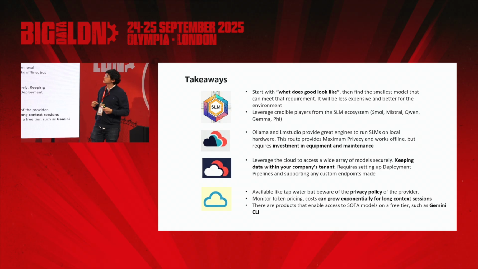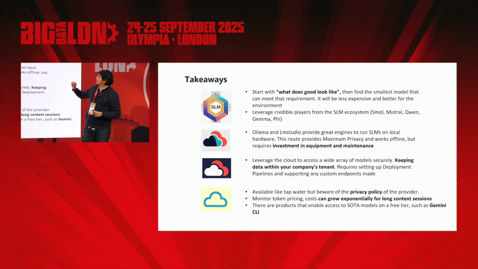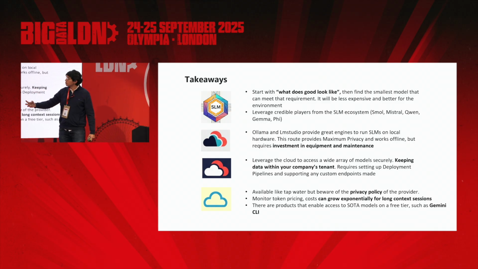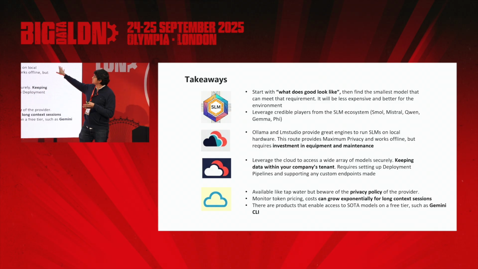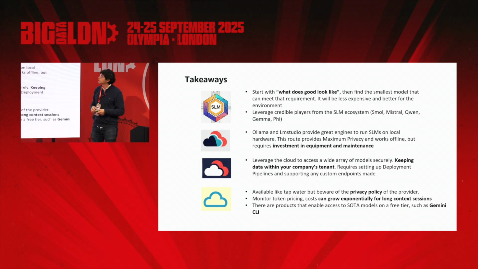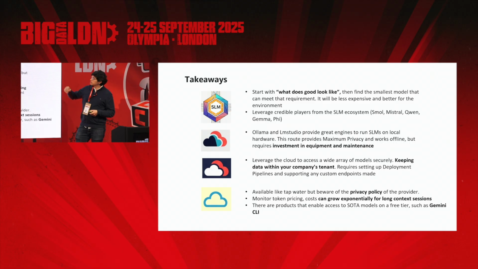You're always trying to get the smallest model possible for the same performance. Leverage some of the best players out there. Usually the size of the model is indicative of performance, but these teams have models that punch above their weight. For local deployment, Ollama and LM Studio are really great.